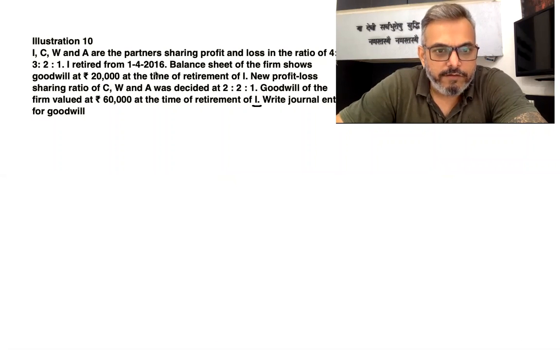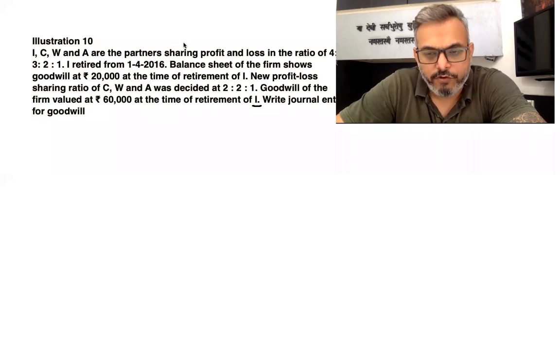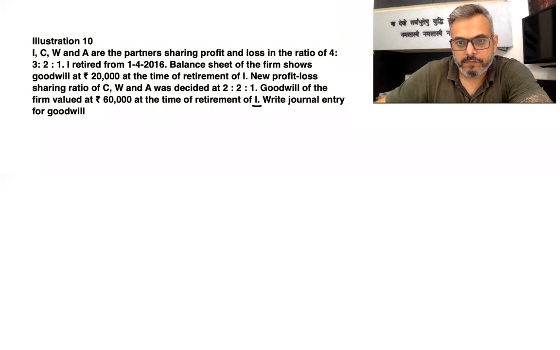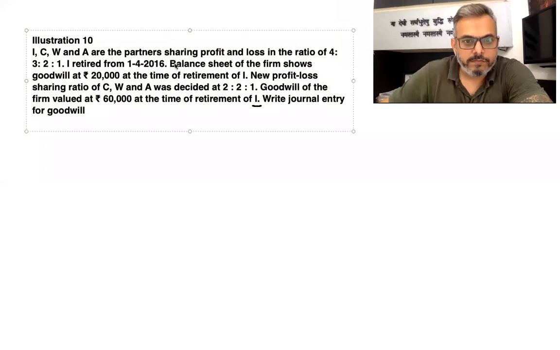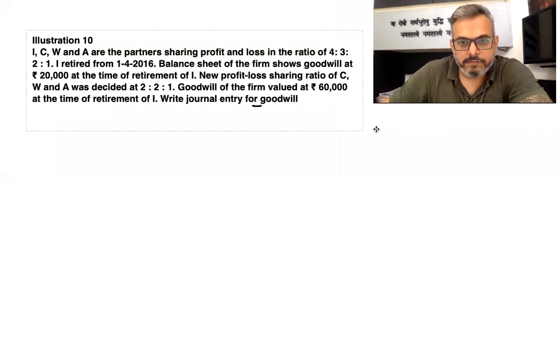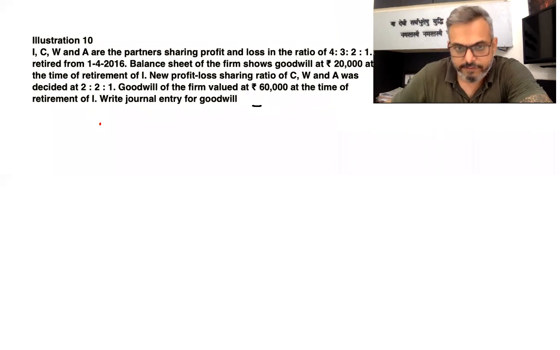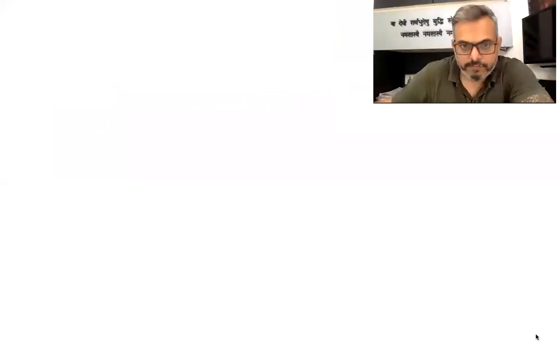Now over here, find the gain ratio, all of you. So let's write I, C, W and A. Four partners.